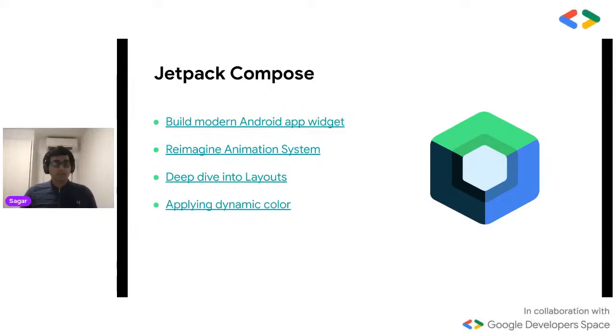And we also provide new tooling for visualizing dynamic color and seeing those changes reflected in your app's UI. This is not it. We also prepared a playlist for you on all of these topics related to Compose. So do check it out.